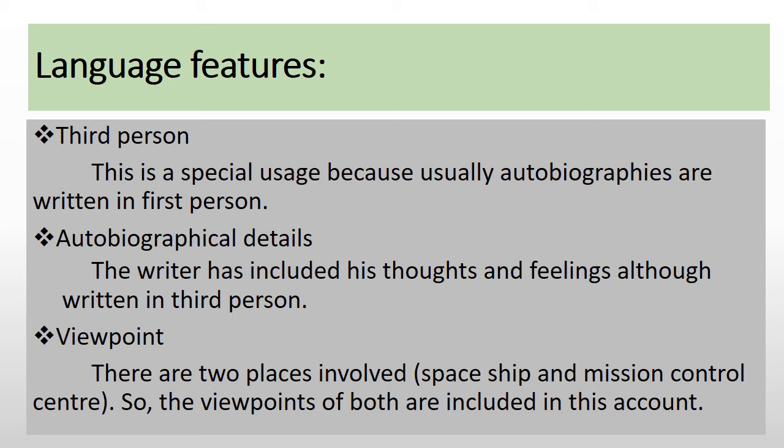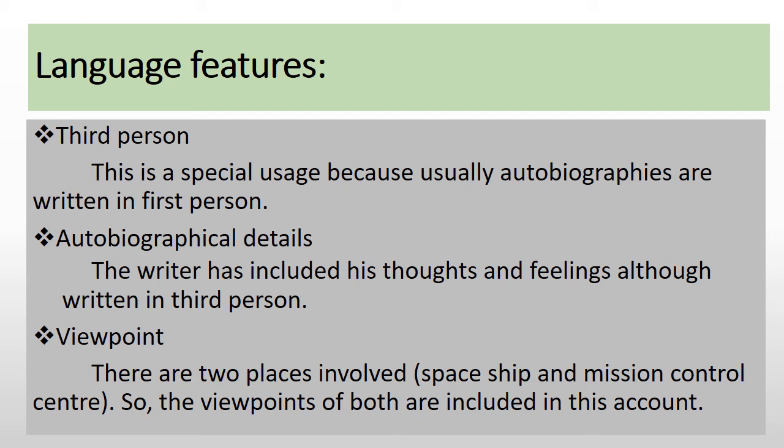The first language feature is third person. Rather than write a straightforward first-person account of the Apollo 13 mission, Jim Lovell and his co-author have written in the third person as if the whole thing had happened to someone else.